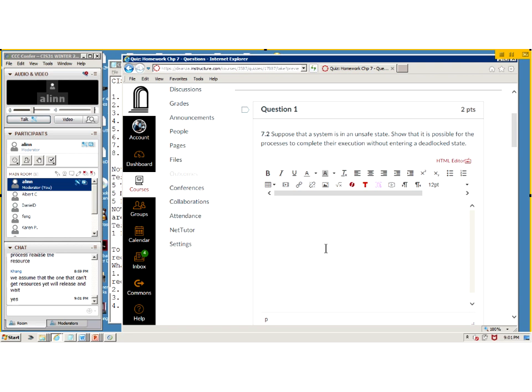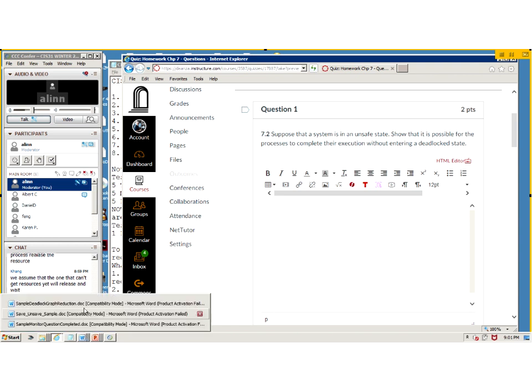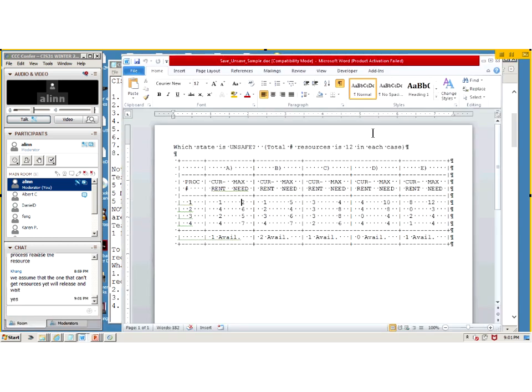Okay. Yeah, I know it's a little confusing, but this is really a thought question. Just illustrate an example. Take, like I did here, an unsafe state of resources and processes and show how they can complete, therefore they're not deadlocked. We can't tell they're deadlocked here. All we know is they're unsafe.